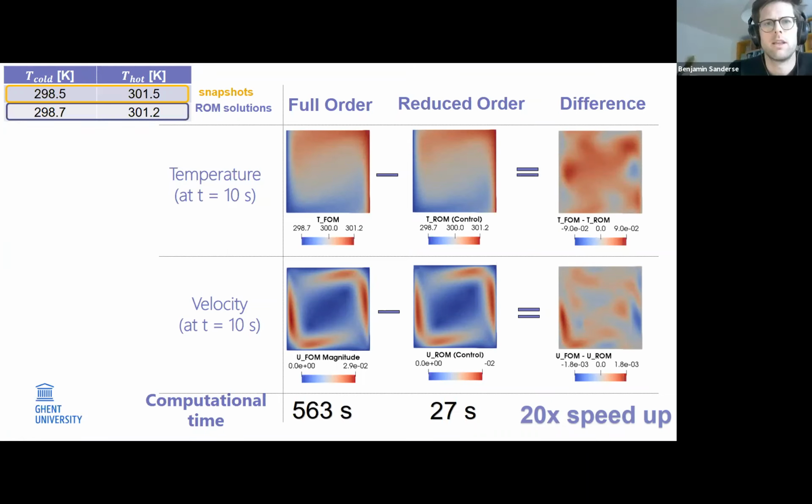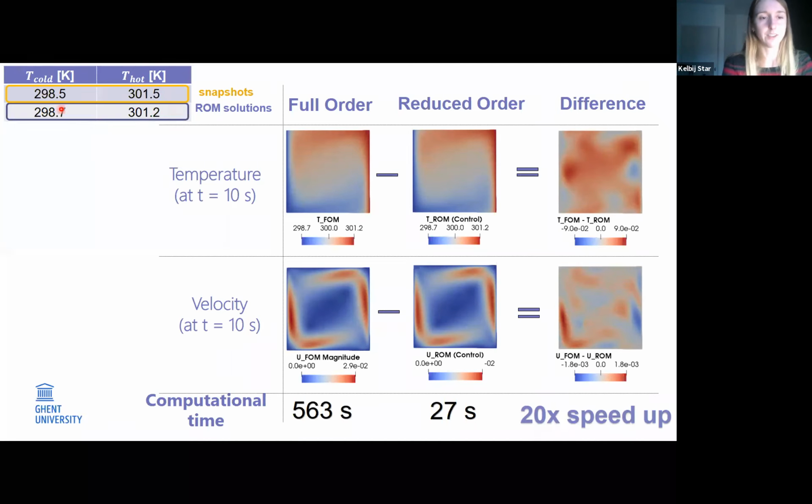For the snapshots, the boundary conditions are constant in time. So I'm just running one transient simulation for these values at the boundary, and then indeed the reduced order model for this case.